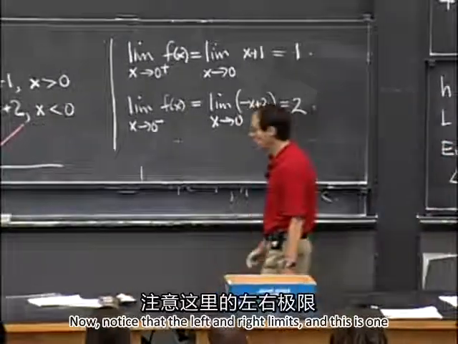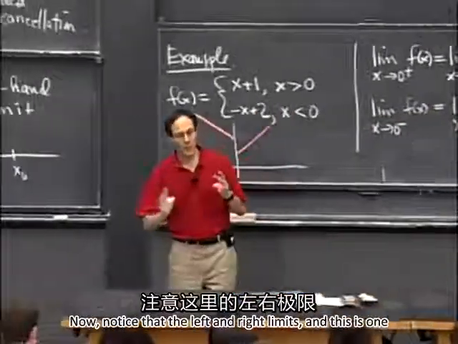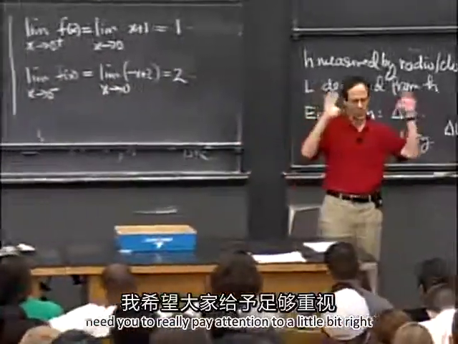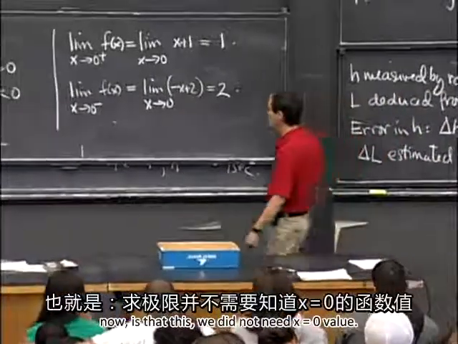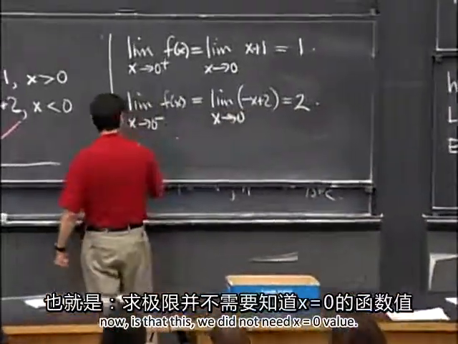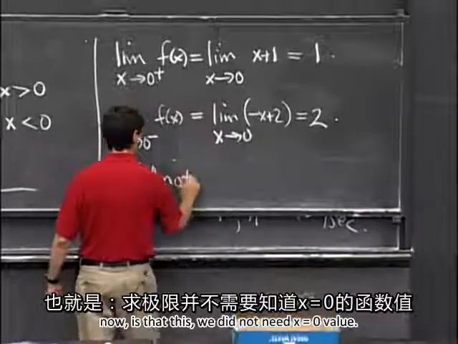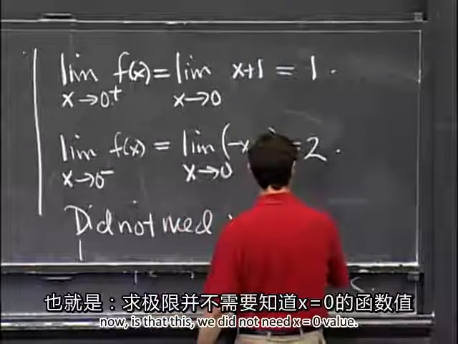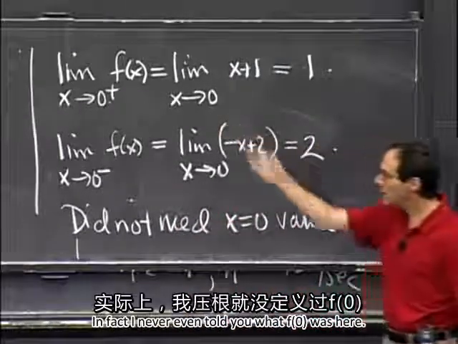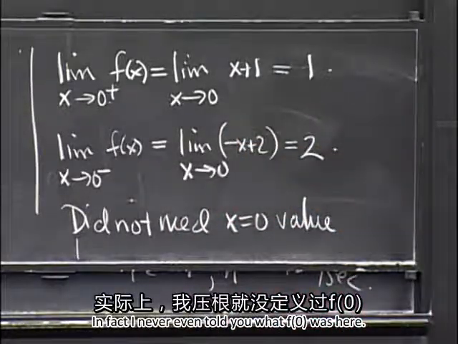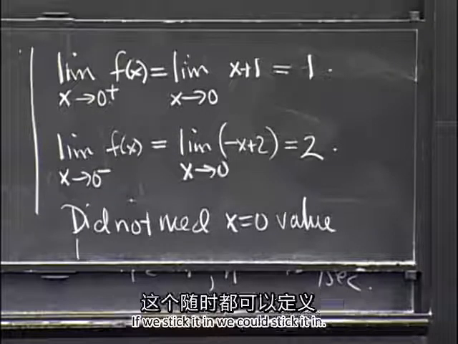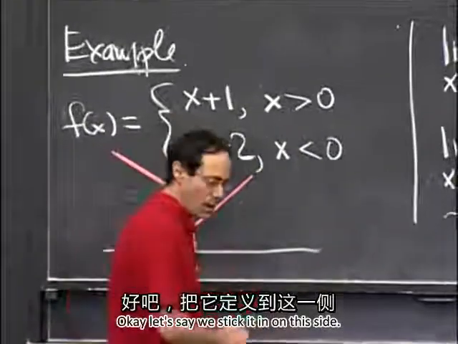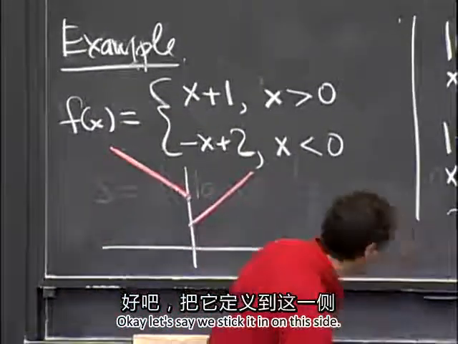Now, notice that the left and right limits, and this is one little tiny subtlety, and it's almost the only thing that I need you to really pay attention to right now, is that we did not need the x equals 0 value. In fact, I never even told you what f of 0 was here. We could stick it in on this side.